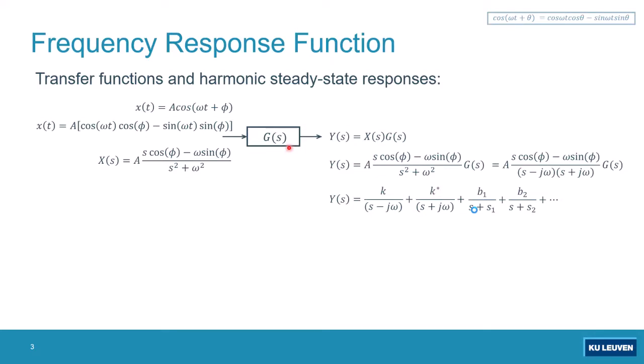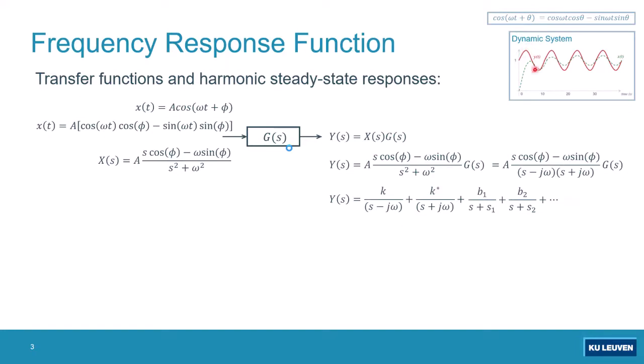At this point I think it's still clear enough. Now let me show this illustration again. I have a dynamic system where the red line is the input to the system and the green dashed line is the output of the system.